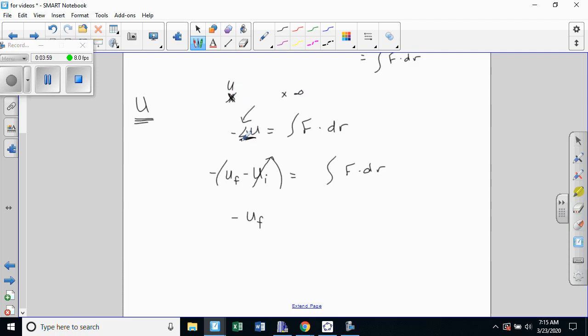Instead of being a delta U, if I call the initial position infinity, where it has no potential energy, then I can now look at the potential energy at a single position. And this would be equal to the integral of F dot dr. Now I can put integration bounds here. It says that I'm bringing this particle through the electric field from an infinitely far away position to some position R.